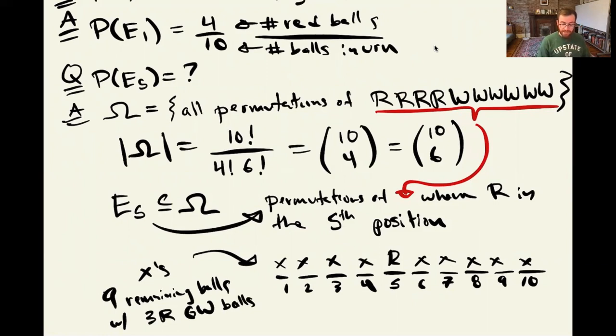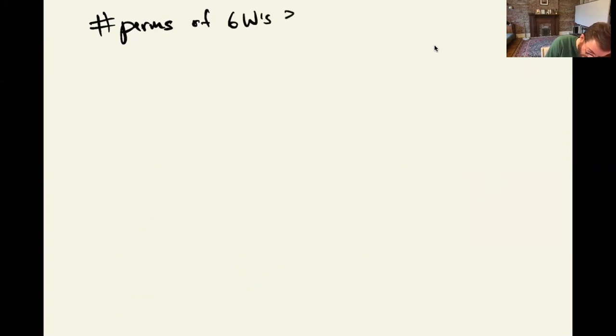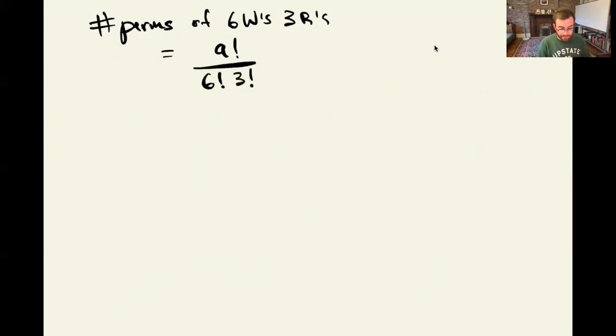So what's the number of permutations of what's left after I've fixed red to happen in my 5th position? Let's go over here to just do it real quick. So number of perms of 6 whites and 3 reds is equal to 9 factorial over 6 factorial, 3 factorial. So what is this? This is the number of ways in which our event E5 can occur.